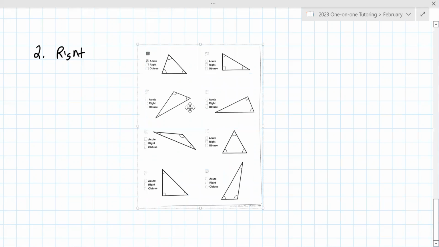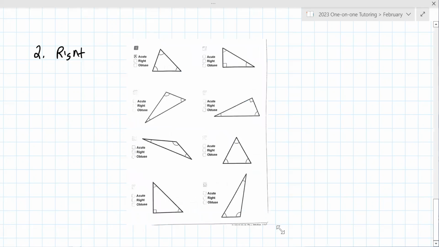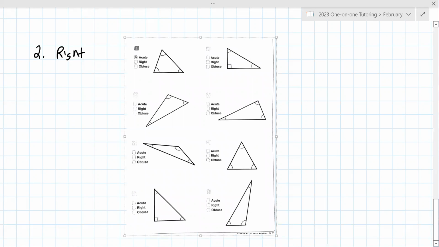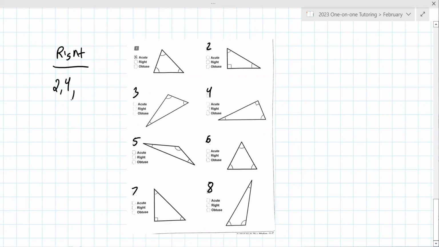So if they've got a square in them, then they're right. Exactly. Which of these, I guess it's 1, 2, 3, 4, 5, 6, 7, and 8, are right triangles? Number 4 is a right triangle. Number 2 is a right triangle, and number 7 is a right triangle.